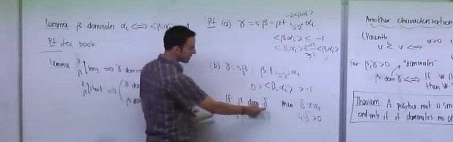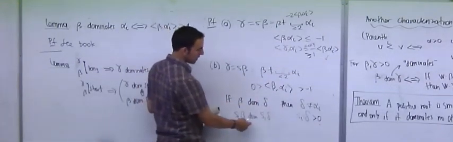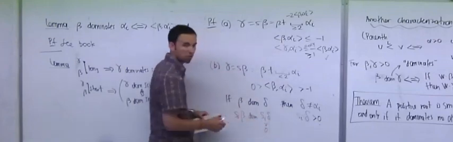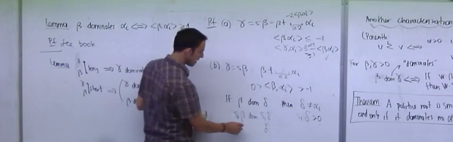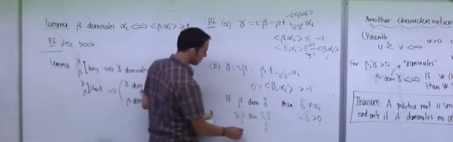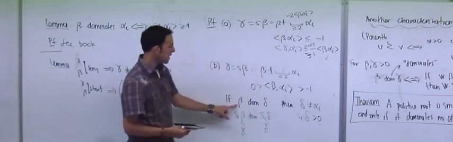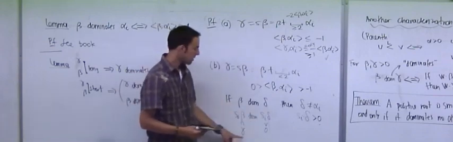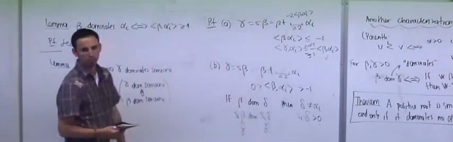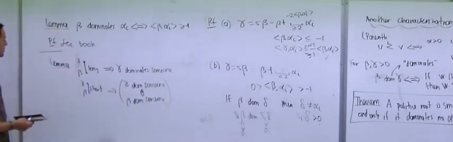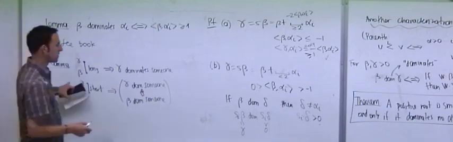Here beta dominates delta, so Si beta is going to dominate Si delta, which, by the way, is positive. It's important. But Si beta is gamma. So I started with beta dominating something, and I ended up with gamma dominating something. And the reverse argument is exactly the same. So that proves this lemma.